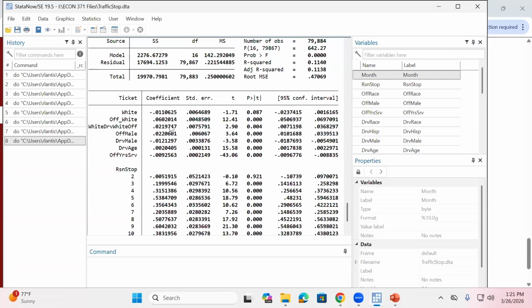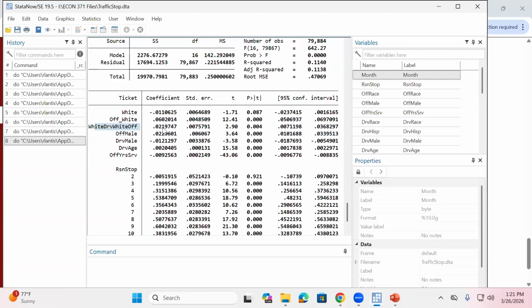Where the more interesting results come from, I would argue, is if the driver is white and the officer is white. So what would the total effect of that situation be? Well, if the driver is white, the predicted probability goes down by 0.01. But then if the officer is also white, the probability they issue a ticket actually goes up by 0.02.